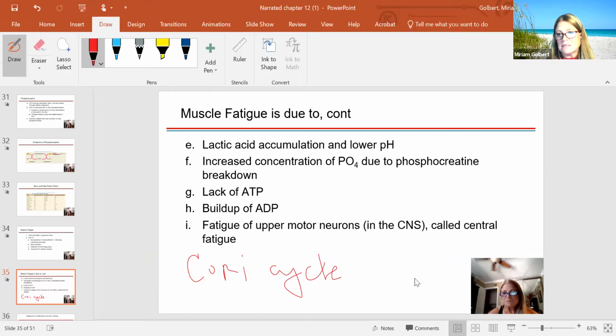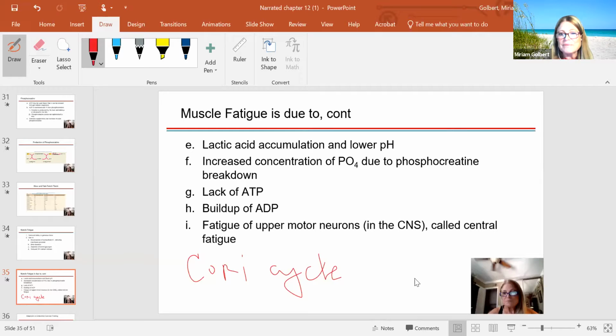And the other thing is that if we accumulate lactic acid in your cytoplasm, it changes the pH. And that's a problem, because then a lot of enzymes and proteins can change if we have a very acidic pH. Well, we can have lack of ATP, buildup of ADP, not having enough phosphate, and then it could also come from the motor neurons, right?